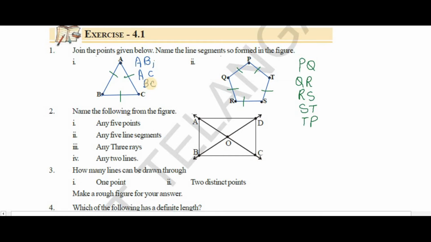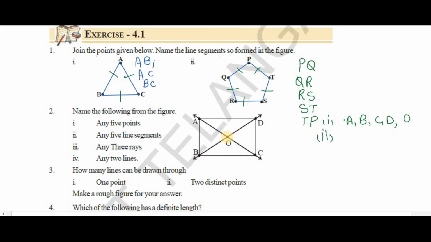Name the following from the figure. Any 5 points. Point means we already know that, right? Okay, so we will write the points as first answer A, B, C, D, O, and second one is any 5 line segments. So line segments means what?